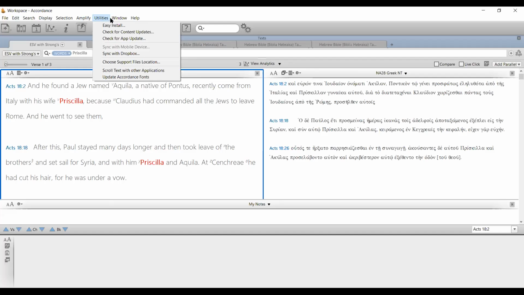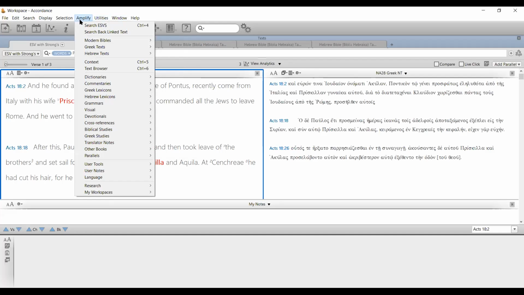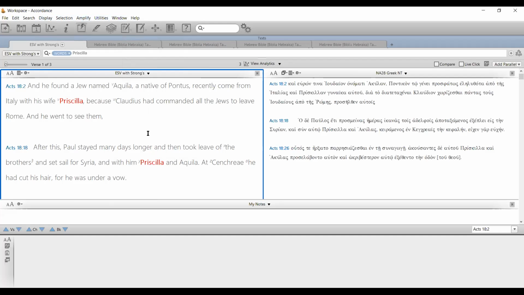I cannot see it right now, but we can find it. It should be somewhere.